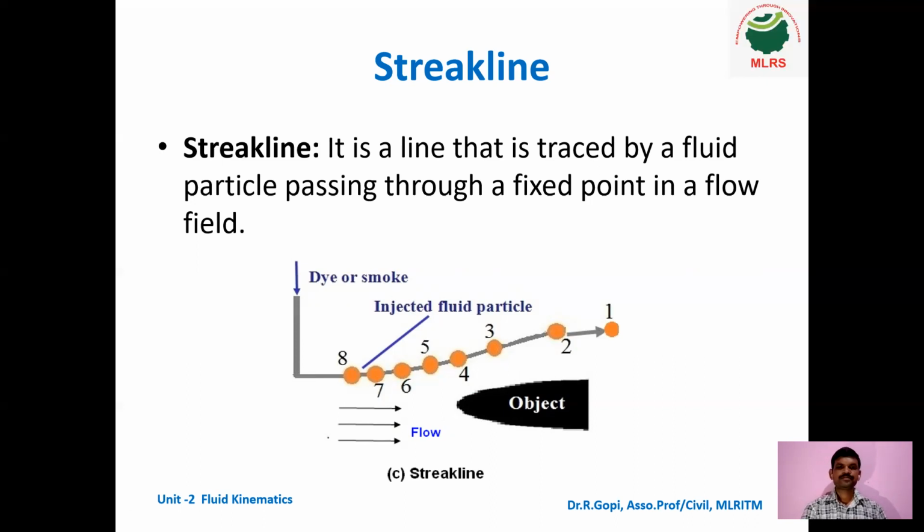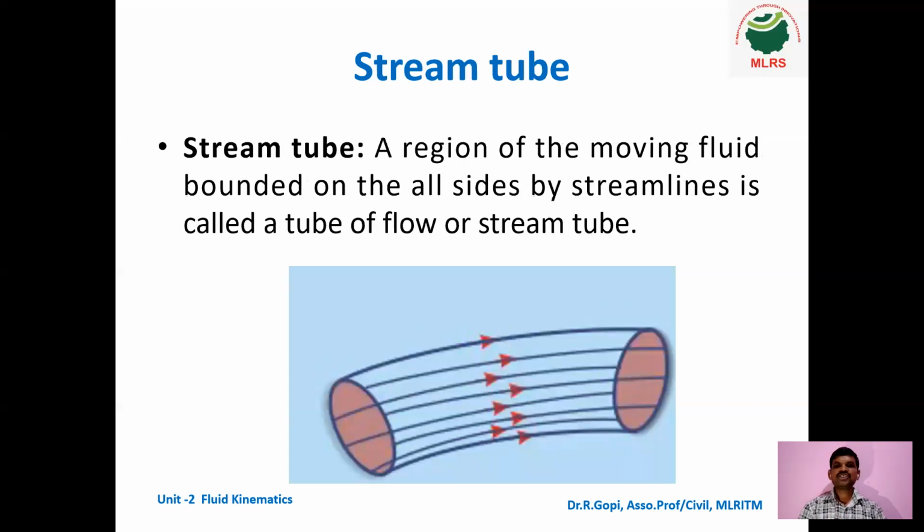So I hope all of you understand the difference between streamline, path line and streak line. Next, stream tube. Previously we saw streamlines. Suppose you join all the streamlines. That is called a stream tube.